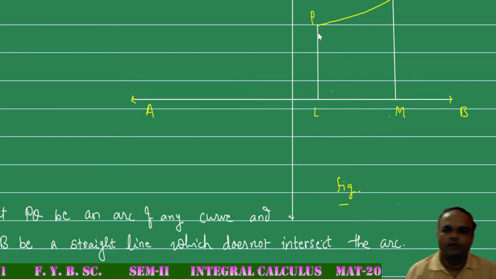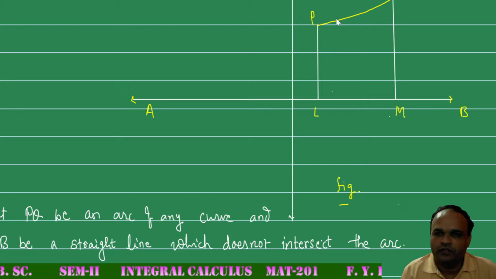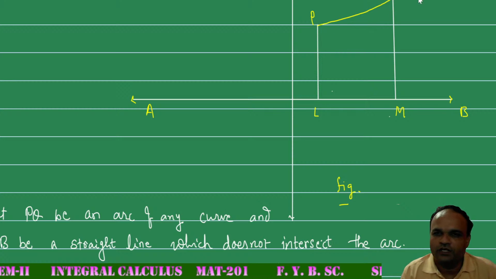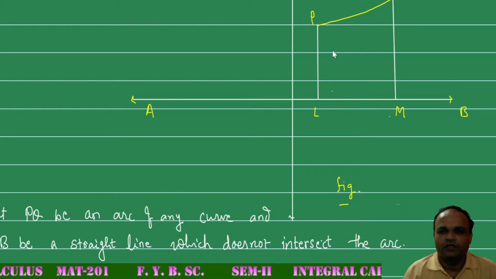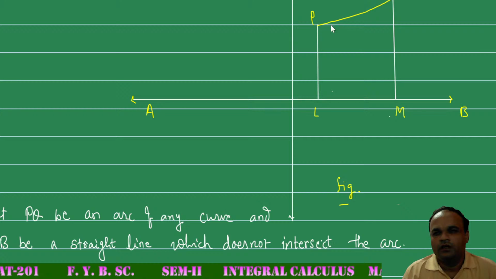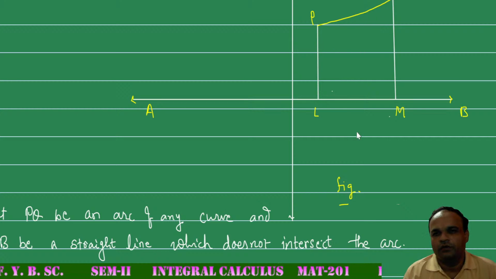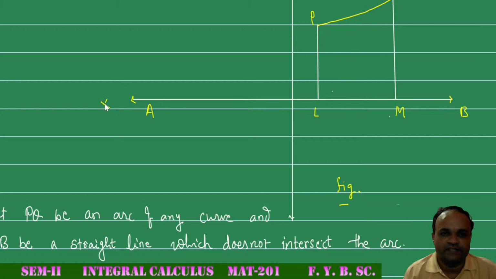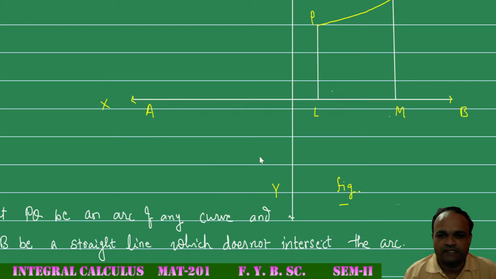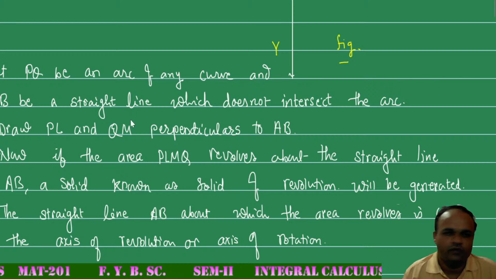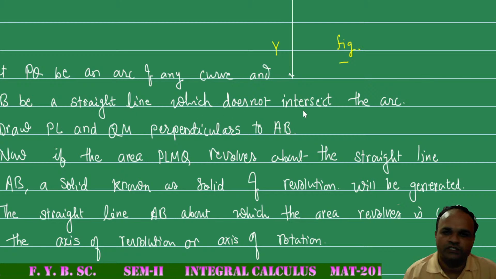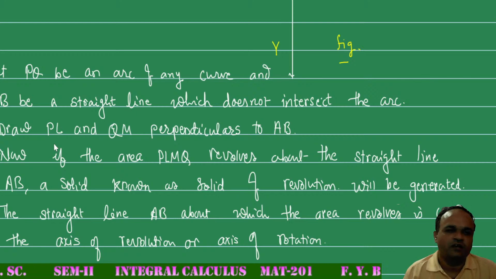Here, PQ is an arc of the curve. You can consider that curve to be y equal to f(x). We will revolve this curve PQ about the x-axis. This is the x-axis and this is the y-axis. Let PQ be an arc of any curve and AB be a straight line which doesn't intersect the arc.